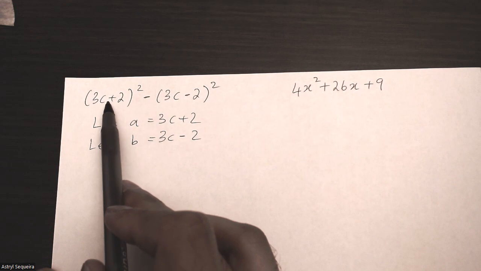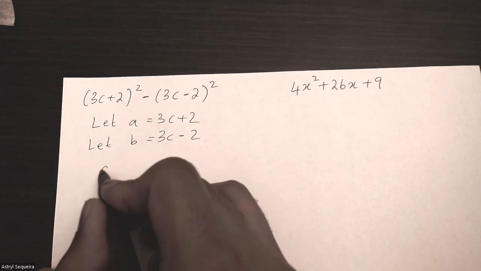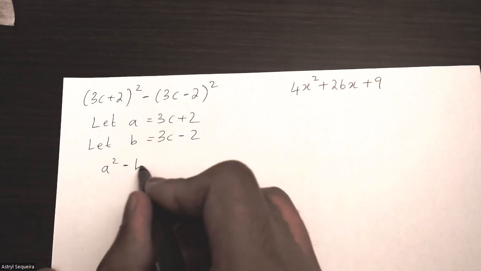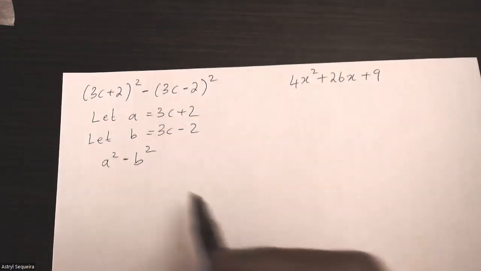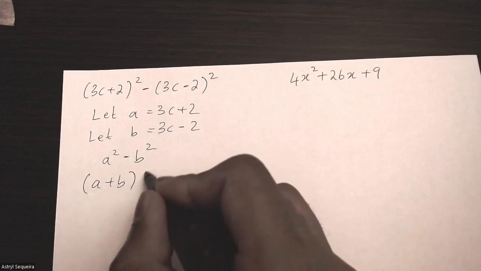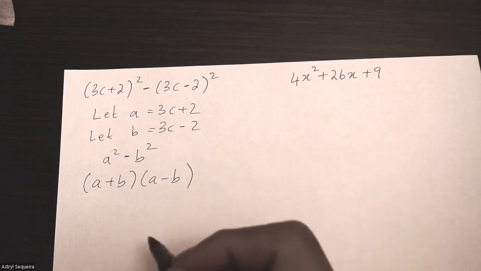Next, I'm going to replace this with an a, so it's going to become a squared, and I'm going to replace this with a b, so minus b squared. This is pretty easy to do difference of squares. This is just a plus b times a minus b.